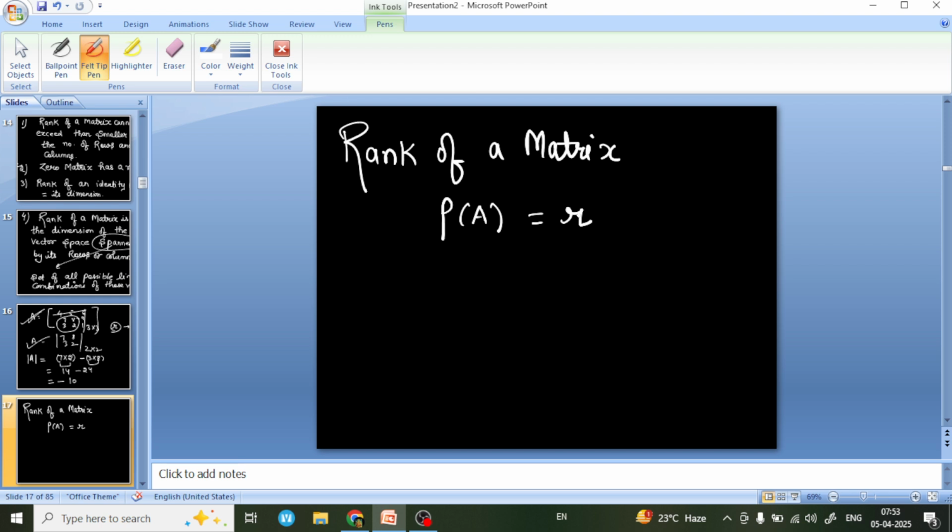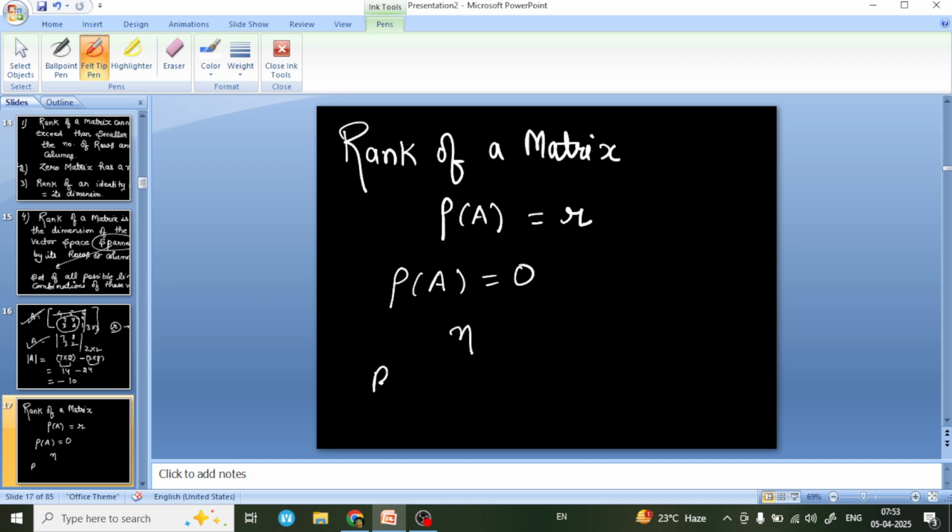It means the rank of a zero matrix is 0. Rank of an n by n non-singular matrix is n.